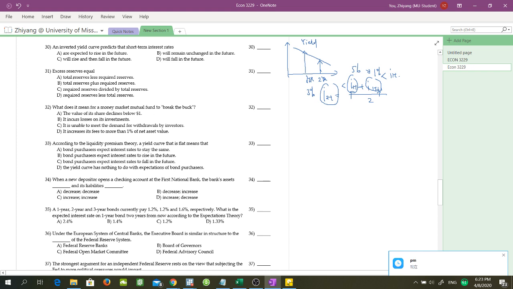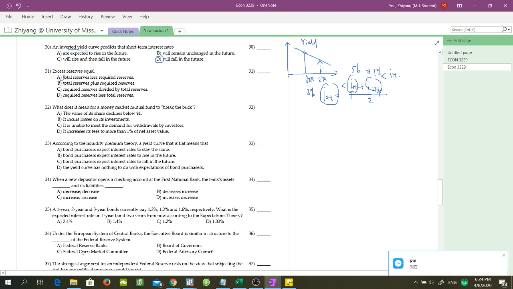Even though the yield curve is not a direct representation of the future short-term interest rate, it does tell you how the market thinks the short-term interest rate will go in the future. So when you see an inverted yield curve, it tells us the short-term interest rate is going to fall in the future.